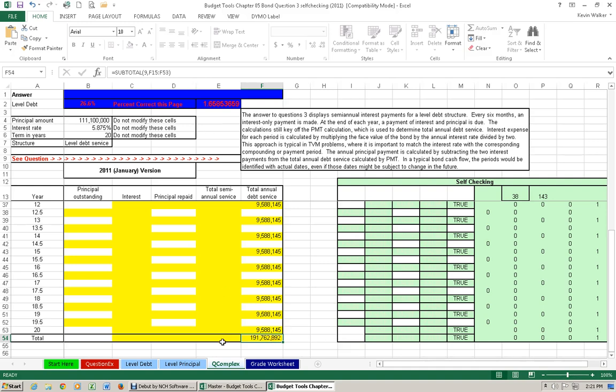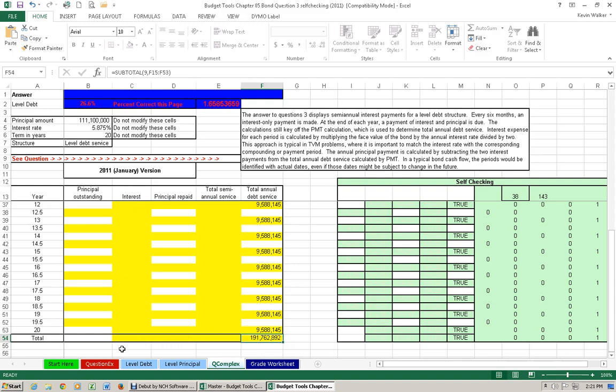So subtotal, each one of these, remember, equals subtotal. Use the 9 switch, or you'll get an error, and then it'll be, in this case, E15 through E53. This one is going to be D15 through 53, right across the board, and all these numbers should add up.